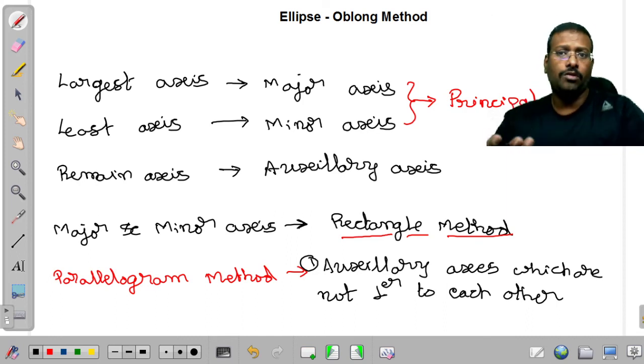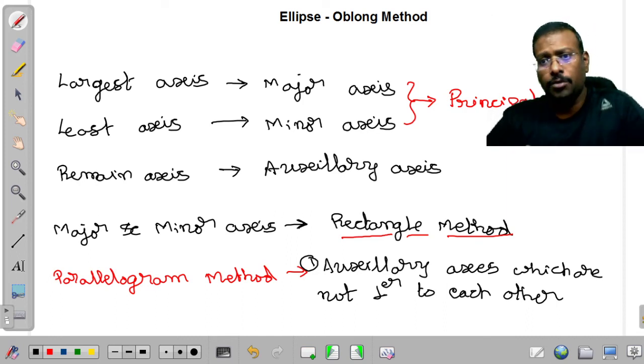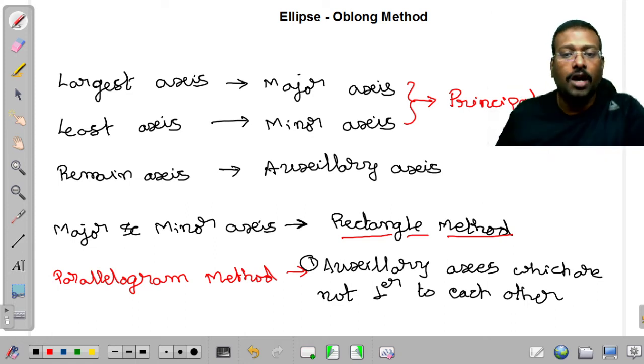If I know major and minor axes, I can construct by using the rectangle method or arcs of circle method and concentric circle method. But among these, which is most appropriate? I will explain that after completing all these procedures, and you will get a better idea of when to apply which method. Okay, good. So when auxiliary axes are given, we can apply these.